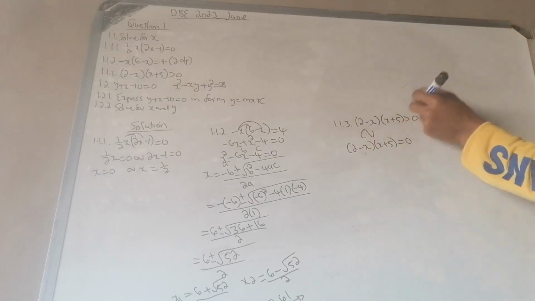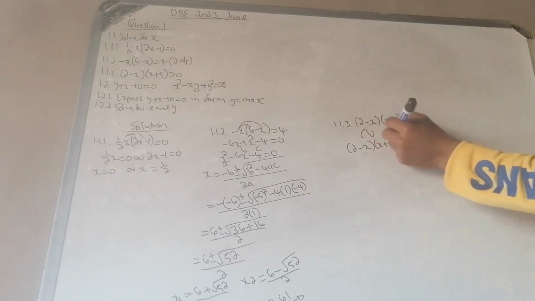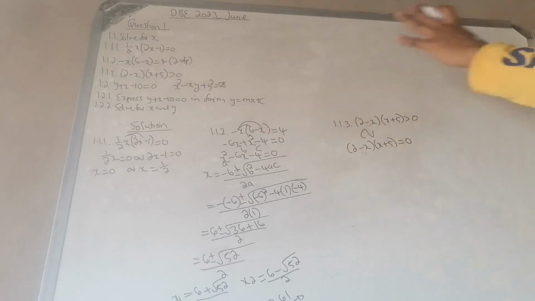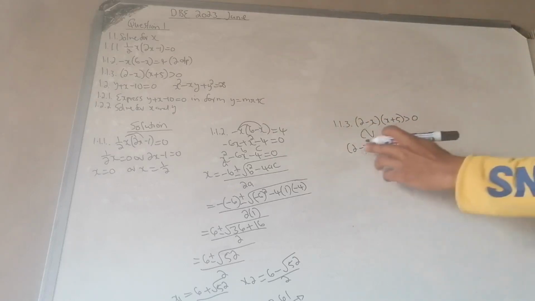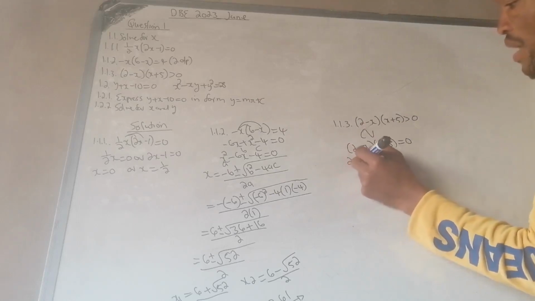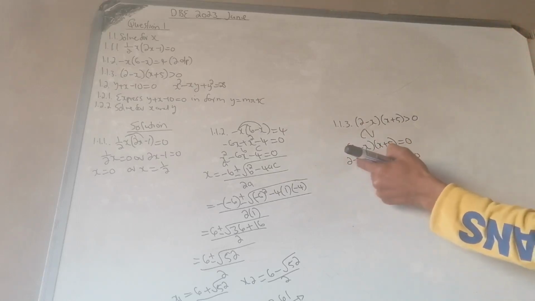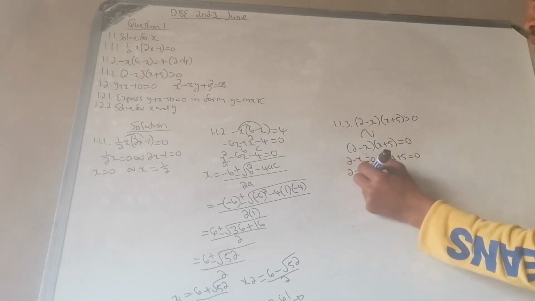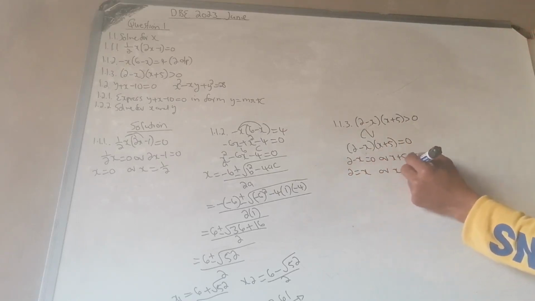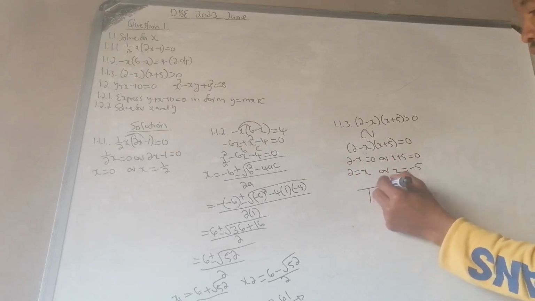If there was a number here, maybe 6, you would use distributive first, take 6 to the other side and simplify. Then you will say 2 minus x equals 0, or x plus 5 equals 0. So 2 equals x, or x equals minus 5. Those are your critical values.